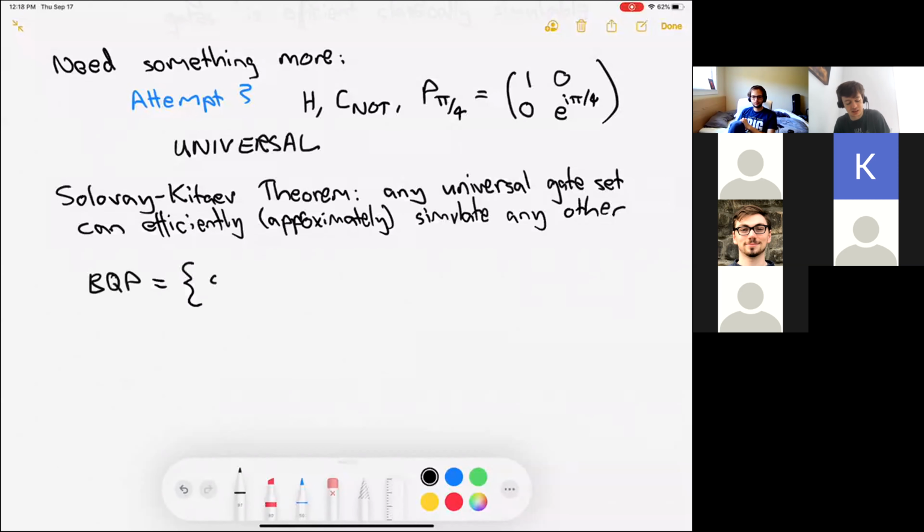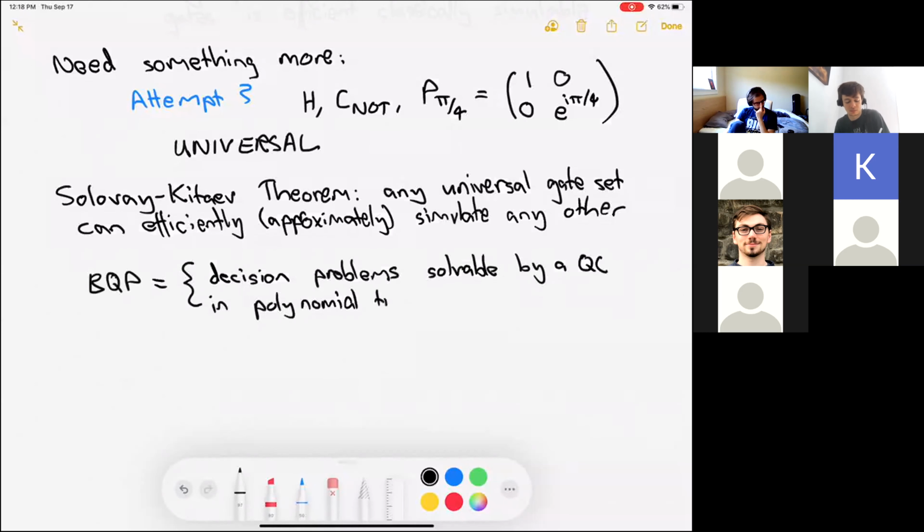It's defined as decision problems solvable by a quantum computer in polynomial time with an error probability at most a third.